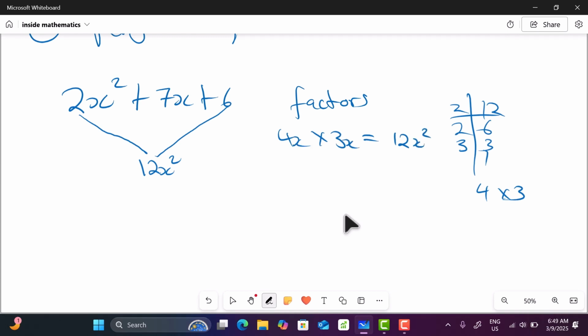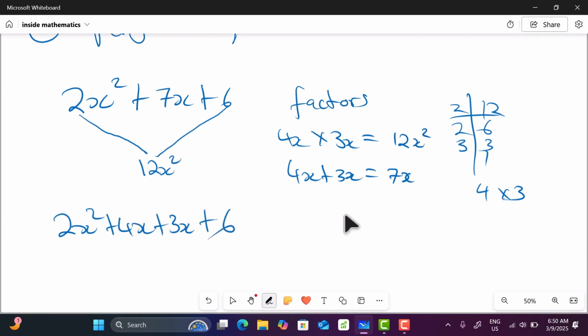Since it is positive, if we say 4x plus 3x, we get 7x. So you find a number that you add or subtract to give you this middle term. If that is the case, x squared plus 4x plus 3x plus 6. That's the value we're having now.